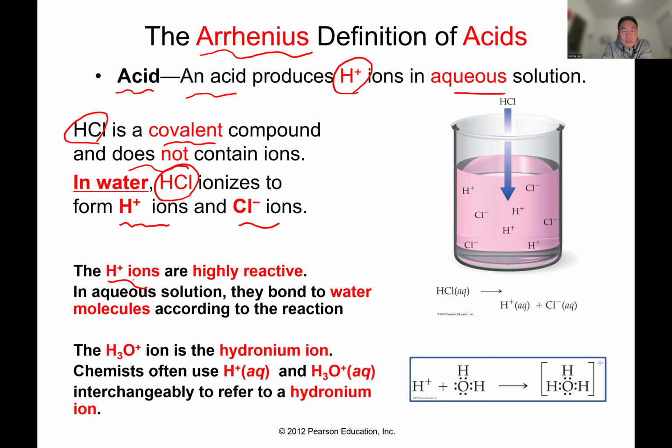Hydrogen ions are highly reactive. In aqueous solution, they bond to water molecules within the reactions, forming the hydronium ion. Chemists often use hydrogen ion and hydronium ion interchangeably to refer to the hydronium ion.